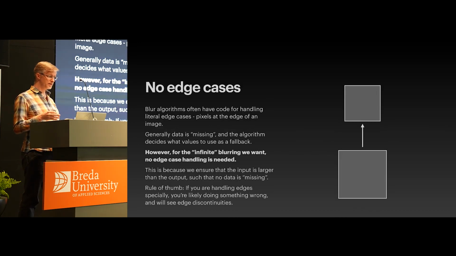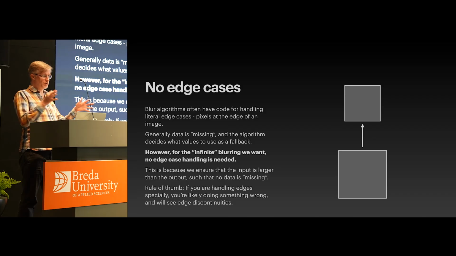A rule of thumb is that in any process you shouldn't have edge case code for handling the edges of the data. For example, in blurring, you don't need edge case code for handling the edges as you would normally have in a blurring operation, because this would create discontinuities at the chunk edges.